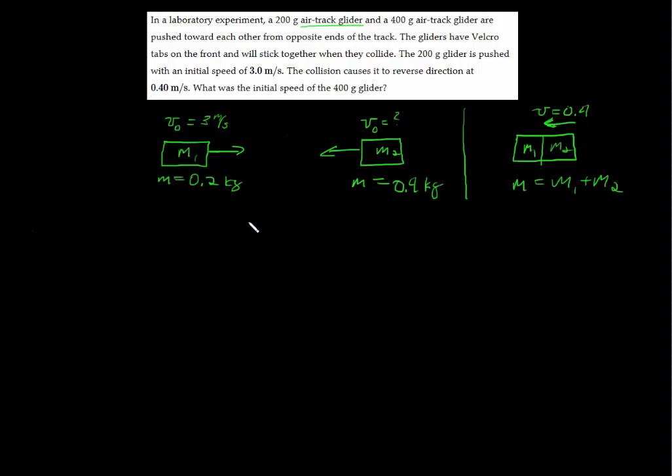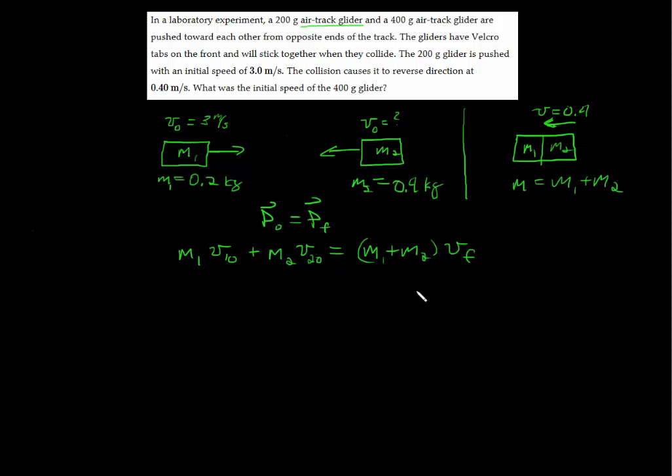so let's see. Well, we know that the momentum of the system is conserved. So the initial momentum equals the final momentum. So we're going to have, let's put some numbers on here, mass 1, mass 2. So mass 1 times the velocity of 1 initially plus mass 2 and the velocity of 2 initial is equal to mass 1 plus mass 2 times the final velocity.